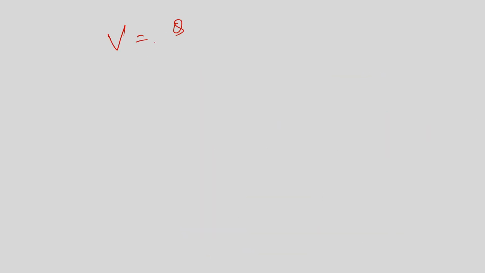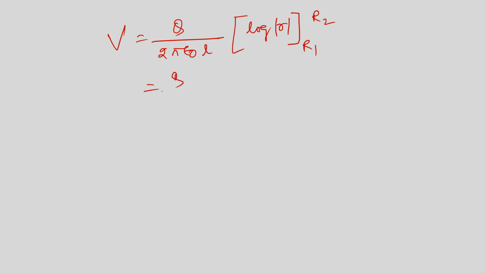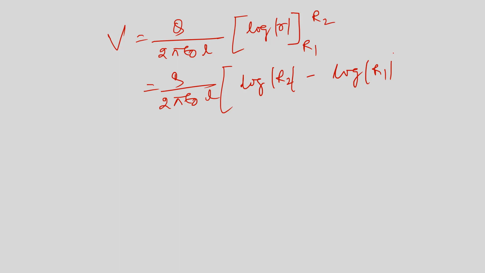V is equal to Q by 2 pi epsilon naught multiplied by L, and it has the value of log of mod r from r1 to r2. So if I substitute the upper limit and the lower limit, it will be log of mod R2 minus log of mod R1.